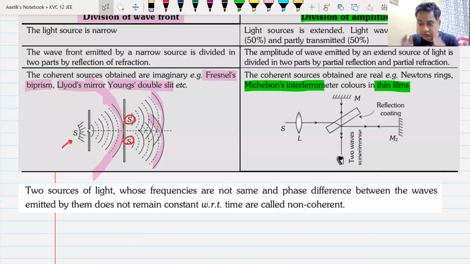That was just for you to see. Just write, you don't have to draw the diagram. No one is going to ask you the diagram.